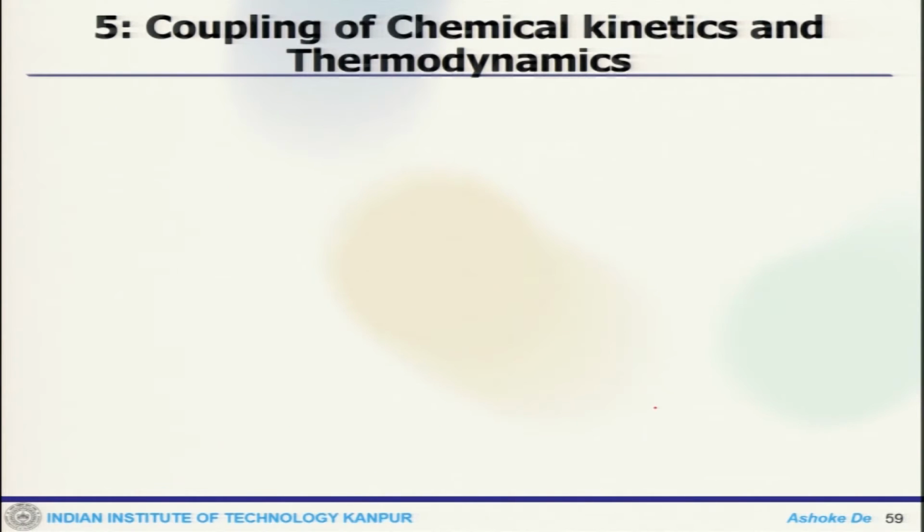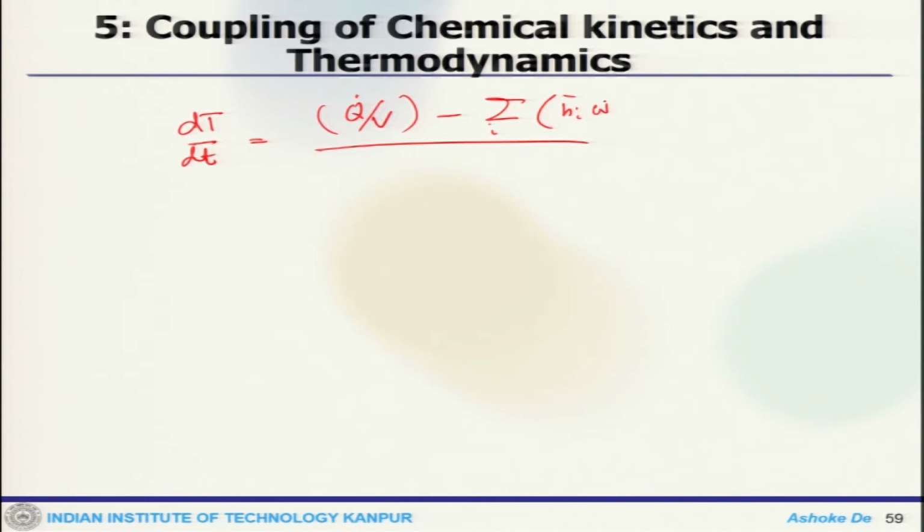Once you do that, what we get is that dT by dt is q dot by V minus the sum over I of h I omega dot I, divided by the sum over I of x I C p I bar, taken over all the species.